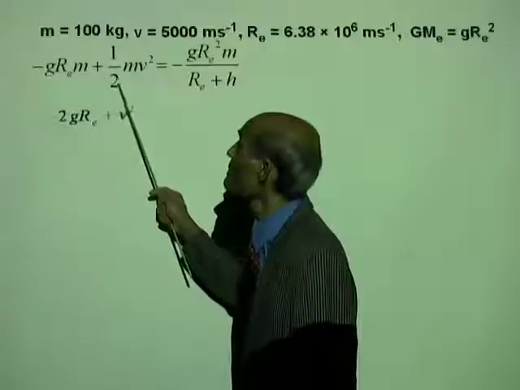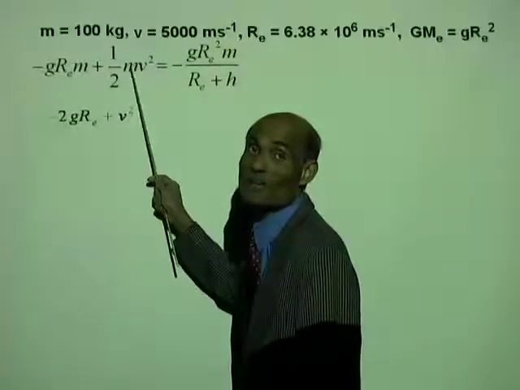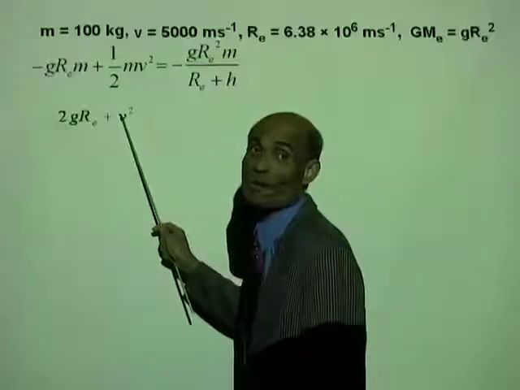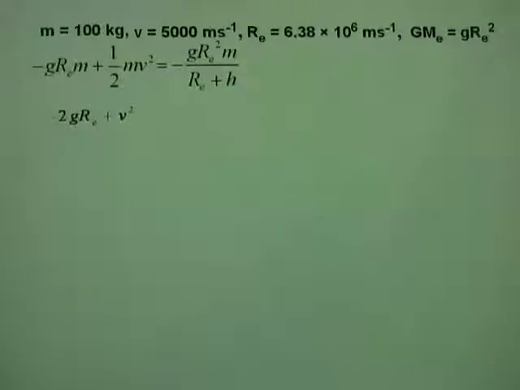Multiplying by 2 will eliminate the 1/2, and dividing by m will eliminate m, leaving us v squared. I hope you follow my simplification. What I'm doing is multiplying each term by 2 and dividing by m.